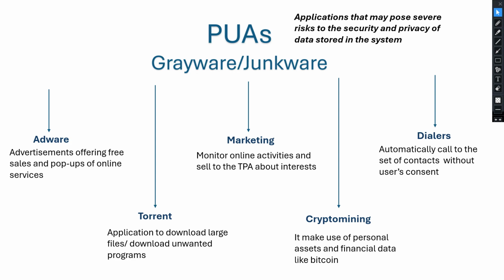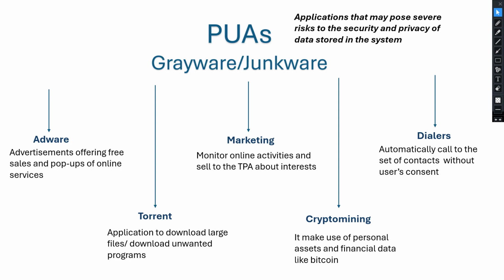Let me brief you again here. PUAs or grayware are a kind of application that put data security and privacy at risk. I hope it is clear now. So those are the graywares or junkwares.